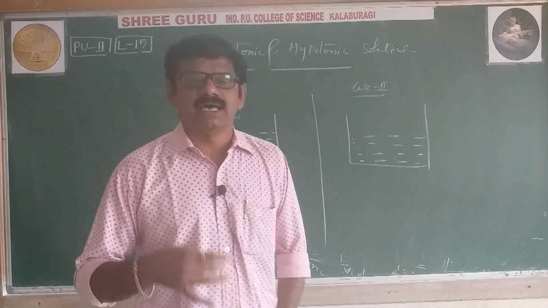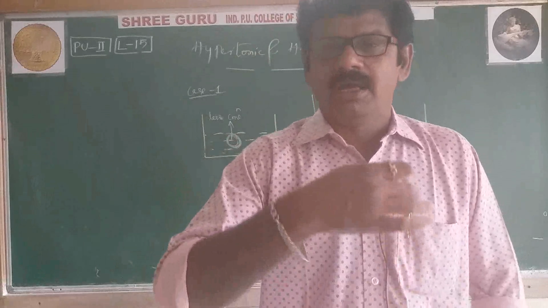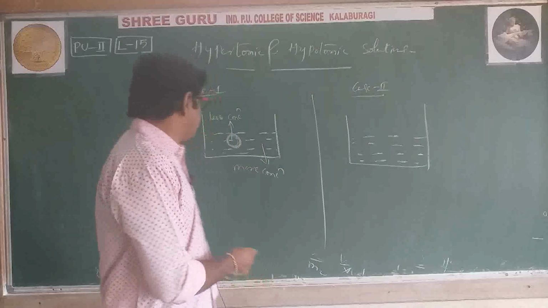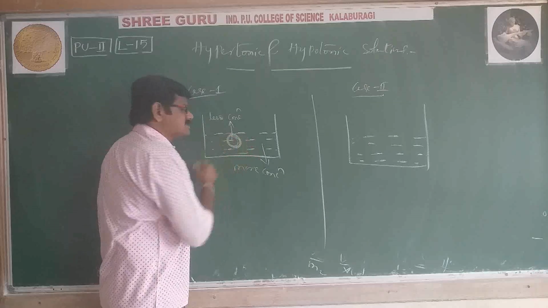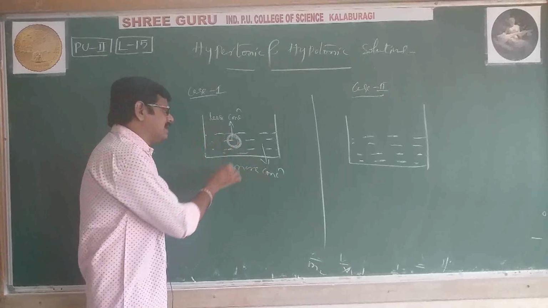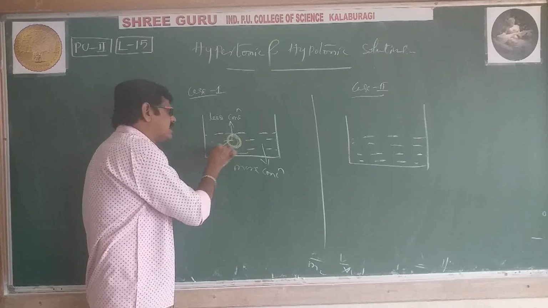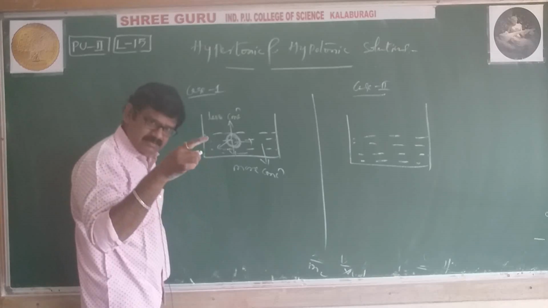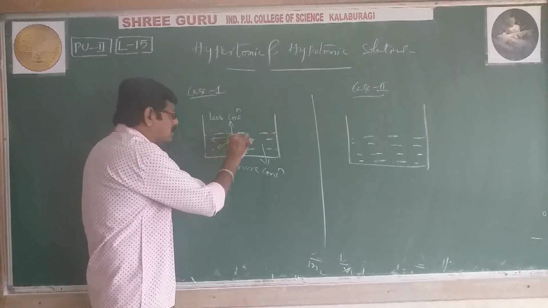What is osmosis? Osmosis means flowing of liquid from the lower concentration region to the higher concentration region. Here inside is the lower concentration region and outside is the higher concentration region. That's why whatever liquid is present in the plant cell or animal cell will come out.